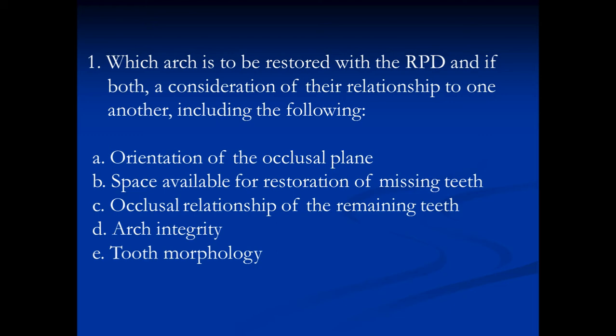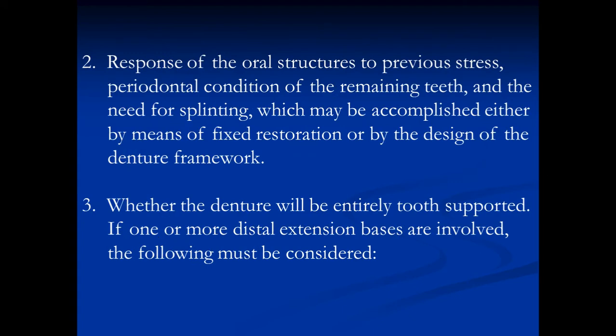And the arch integrity, and tooth morphology, have to be considered whenever we are designing a removable partial denture. That's because in certain situations where we have a class 5 condition, the lateral incisor will become a primary abutment for placement of the rest.